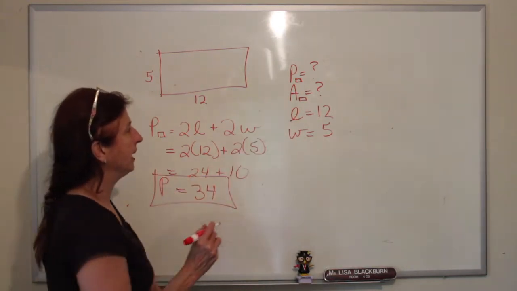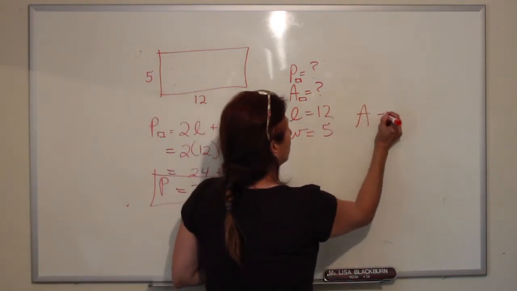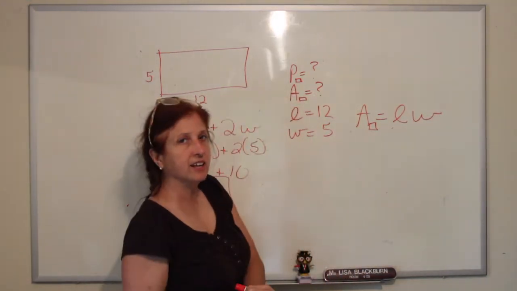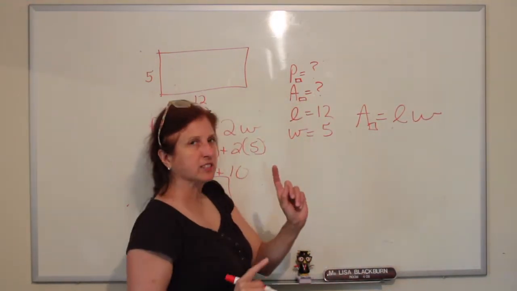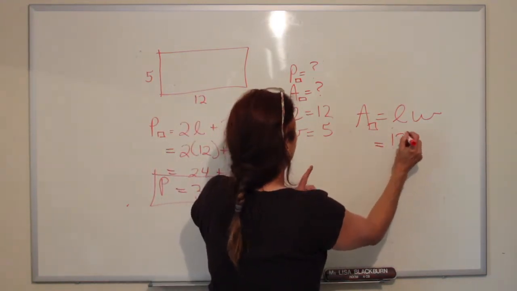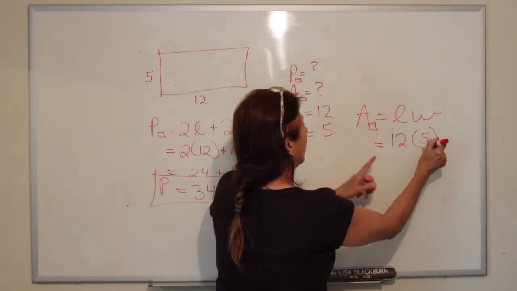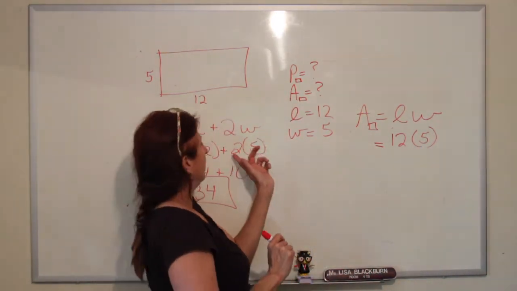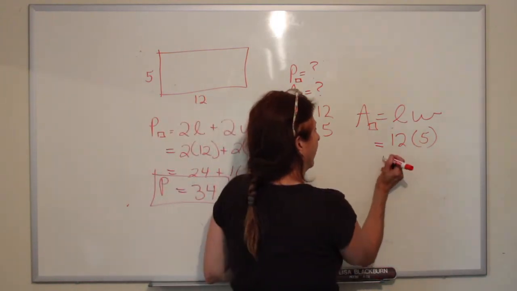Now I'm going to do the area. Area of a rectangle is length times width. I sing the song Substitute. Ooh, that was good singing. All right, and my length is 12. My width is 5. You notice using parentheses so it doesn't say 212 or 25 or 125. 12 times 5.